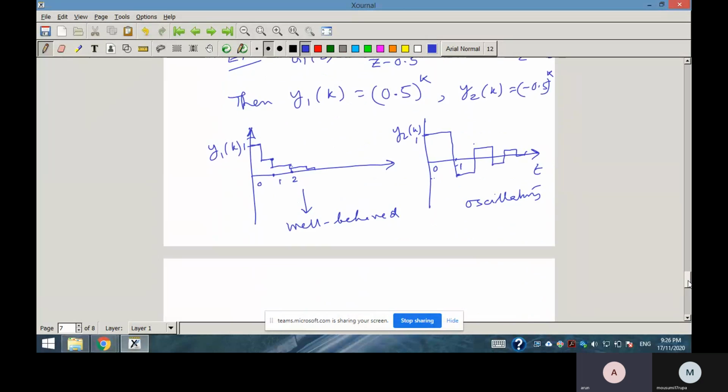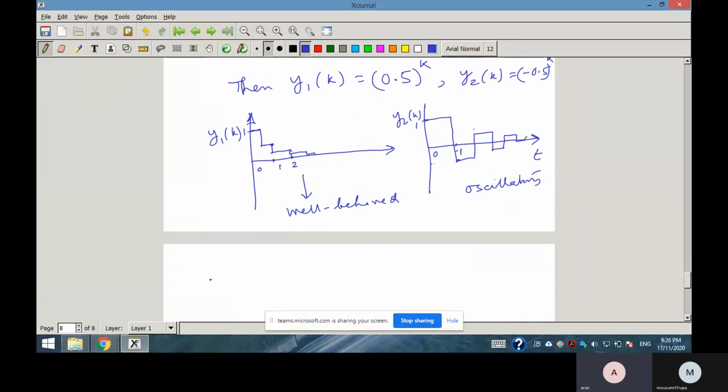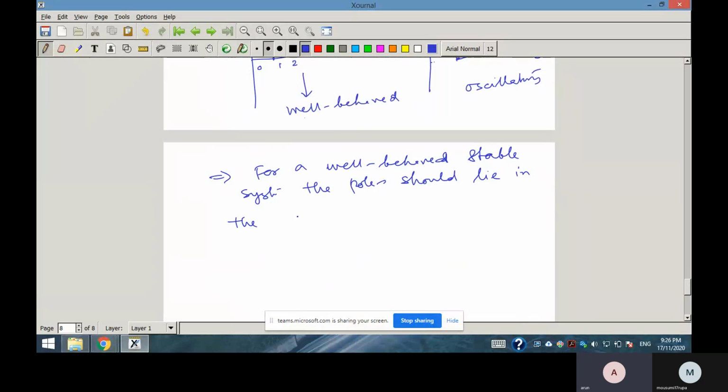So this implies that for a well-behaved stable system, the poles should lie in the right half of the unit circle, as shown in the figure.